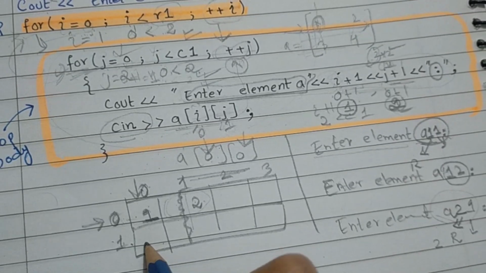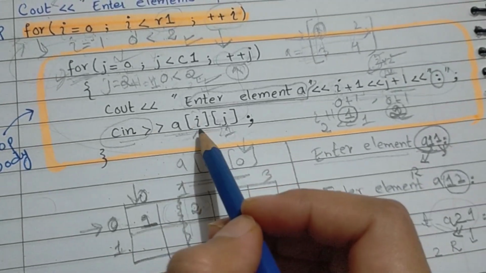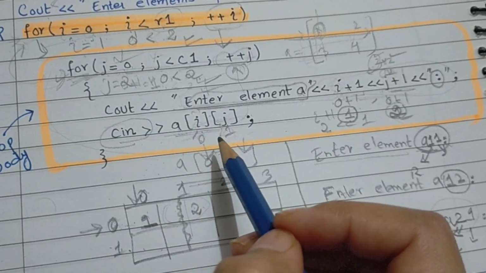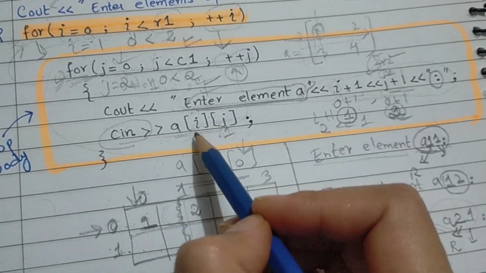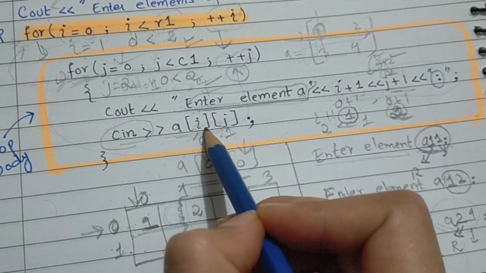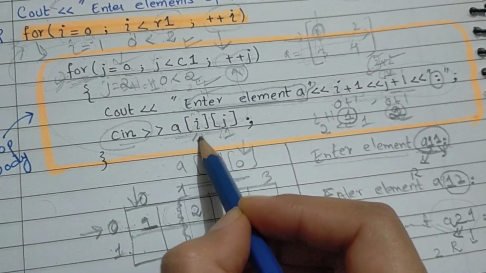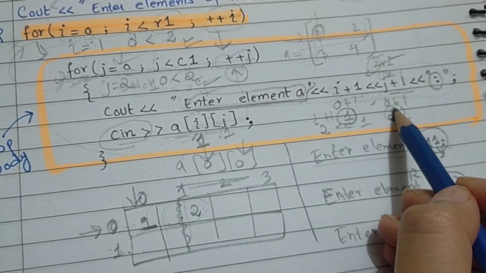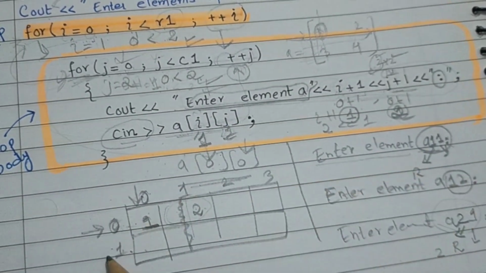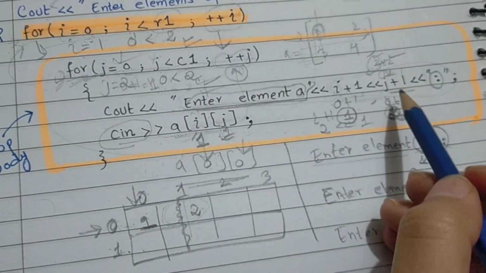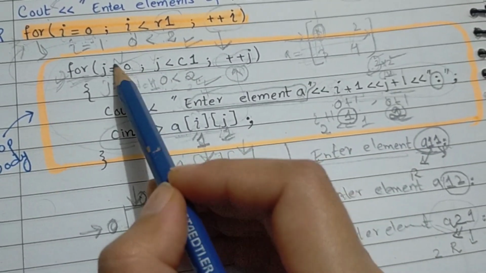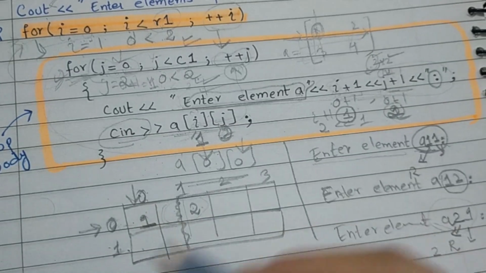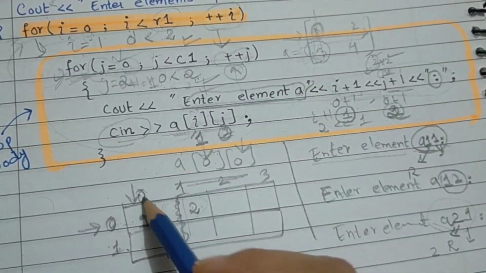So this is second row and first column in the matrix, but what is the array position? The array position is like here I is 1, and j is 0, so it is 1, 0, and the second element will be 3.